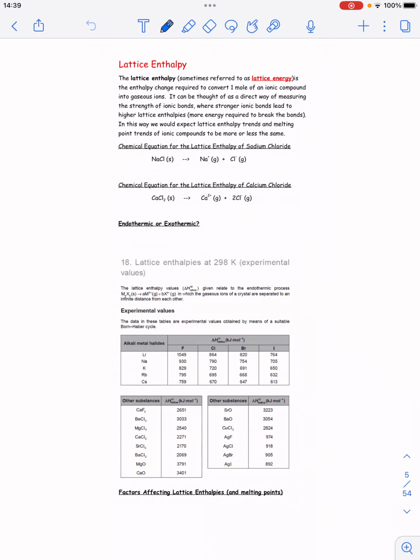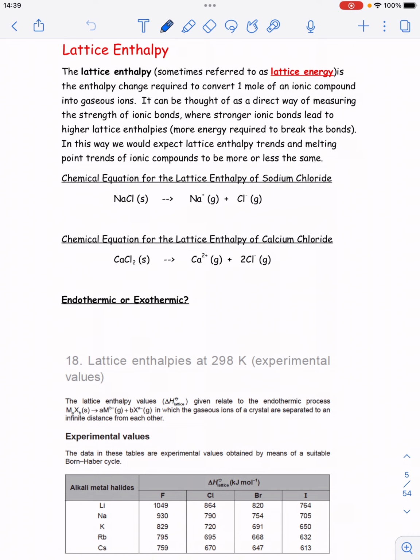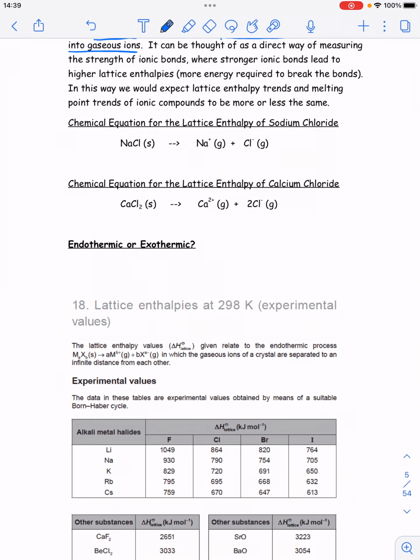Okay, lattice enthalpy. Lattice enthalpy is a very important measure associated with ionic bond strength. Technically, the definition of lattice enthalpy is the enthalpy change required to convert 1 mole of an ionic compound into gaseous ions. But if you think about that, to take something that's bonded in the solid phase and completely separate it into the gas phase, that means you have to overcome the attractions between those particles.